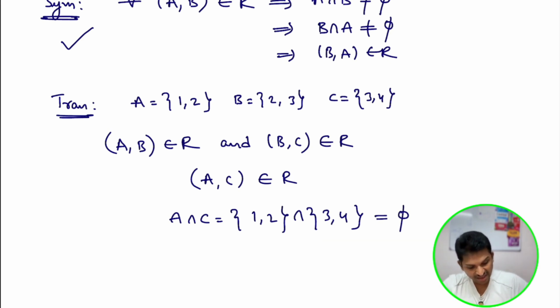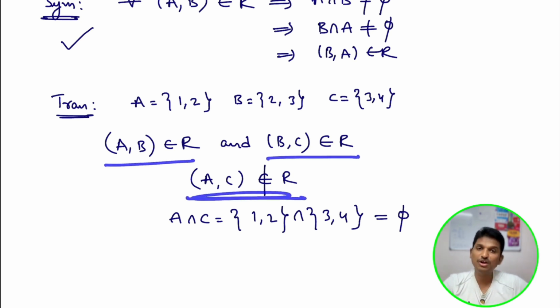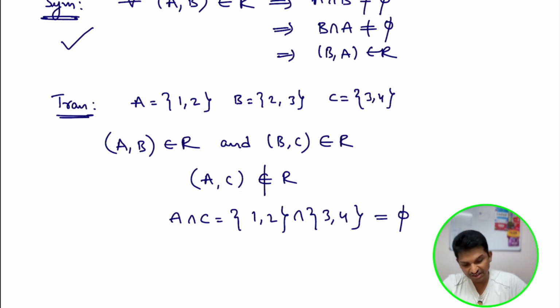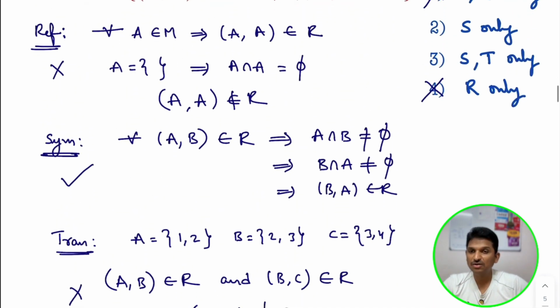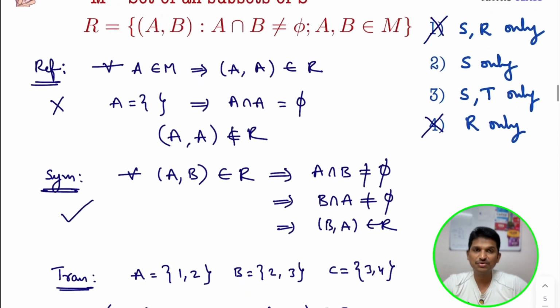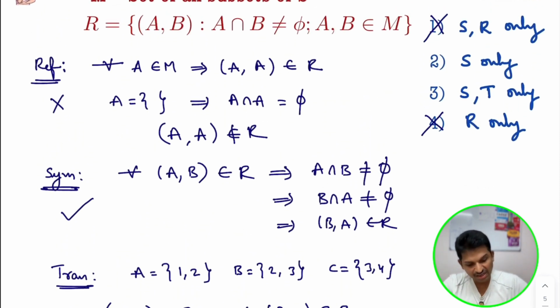I can say that (A, C) does not belong to the relation. So here, (A, B) belongs to R, (B, C) belongs to R, but (A, C) does not belong to R. From this we can say that this relation is not transitive. So this relation is not reflexive, it is symmetric, and not transitive. So which option? Symmetric only, right? This is the right option. The second option is the right option. I hope you understand.